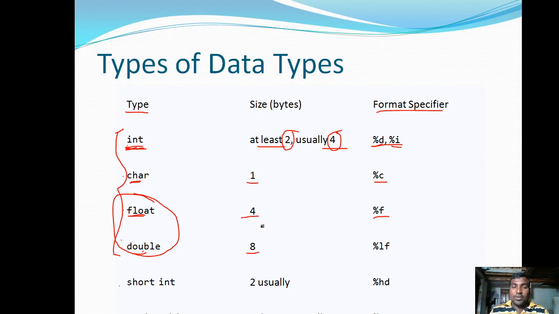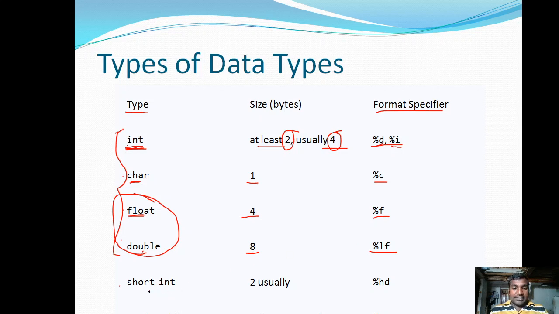That's why it requires 8 bytes of memory. The format specifier associated with the double data type is %lf.